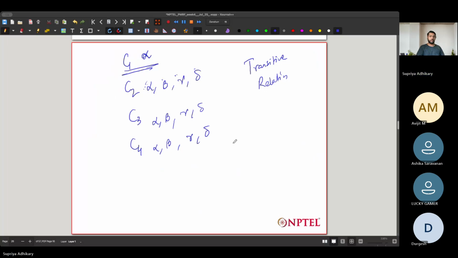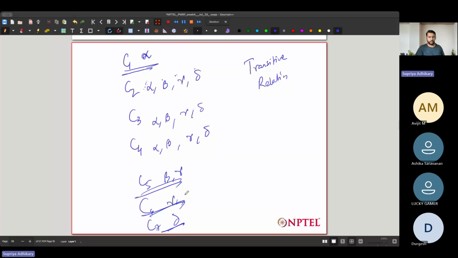So we can even consider C5, C6, C7 such that beta, gamma, delta all have their own separate class. No one else attends those classes. So even in those cases, we can include gamma, and over here we can include delta or whatever.